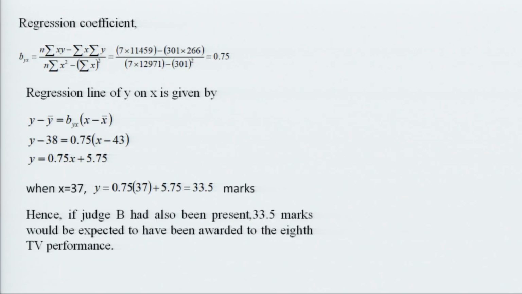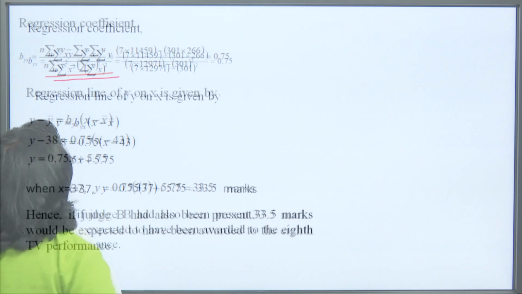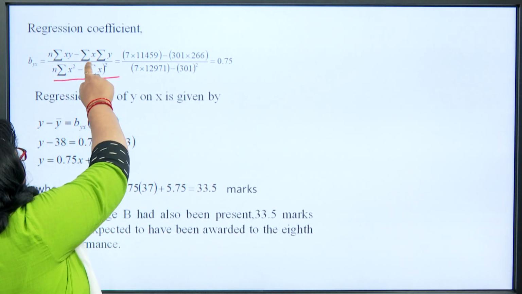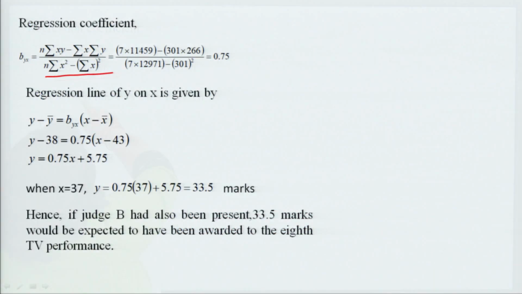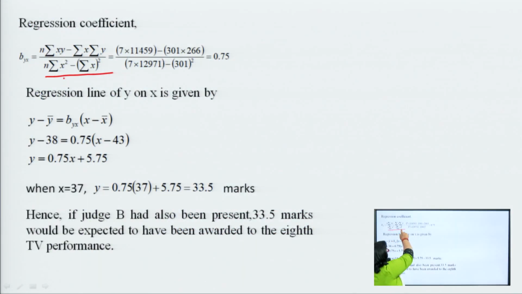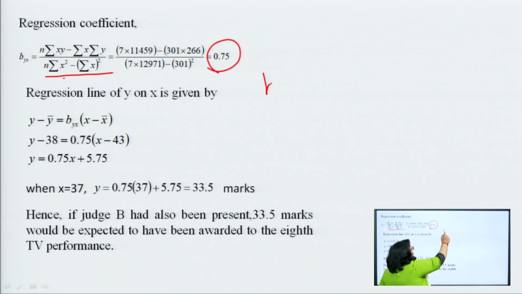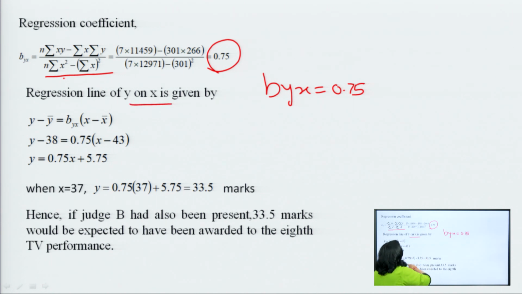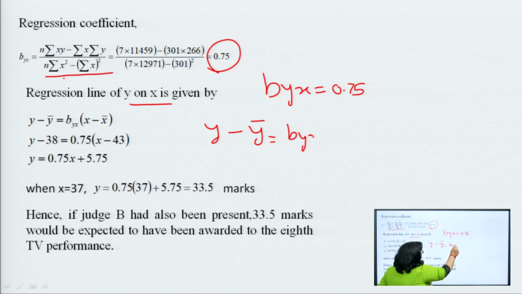Putting all these values in the coefficient of y on x, that is n summation x y minus summation x summation y upon n summation x square minus summation x whole square, we find the value of b y x is 0.75, and the regression line is y minus y bar is equal to b y x times x minus x bar.